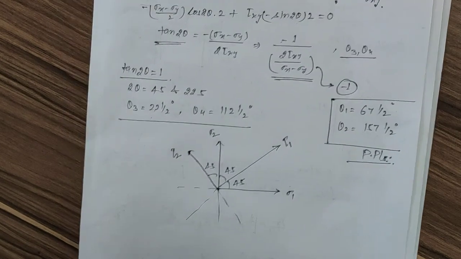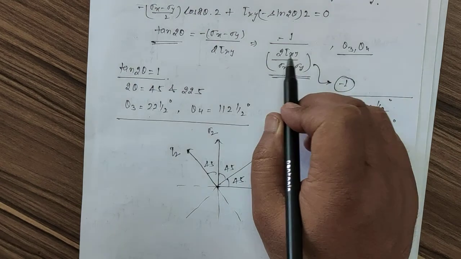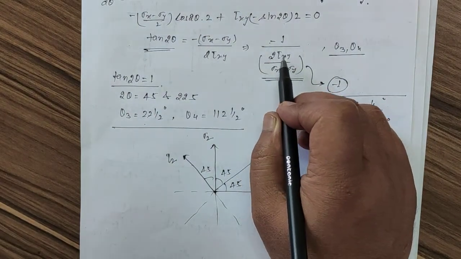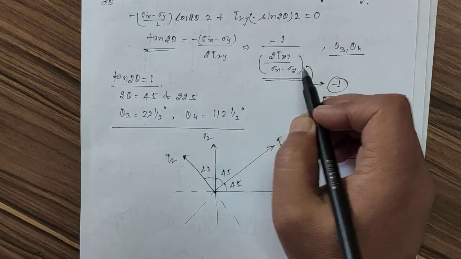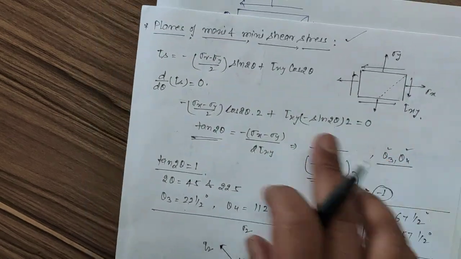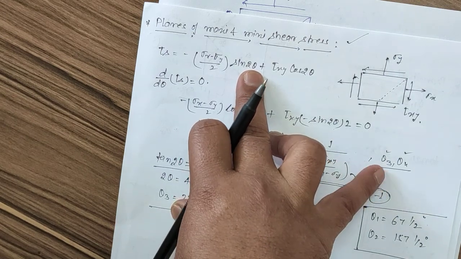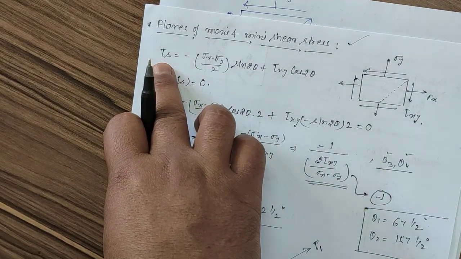Now if we have the value of theta 1, we can get theta 3 and theta 4 by putting the values of tau xy, sigma x and sigma y. By replacing theta with theta 3, we can get tau 1.